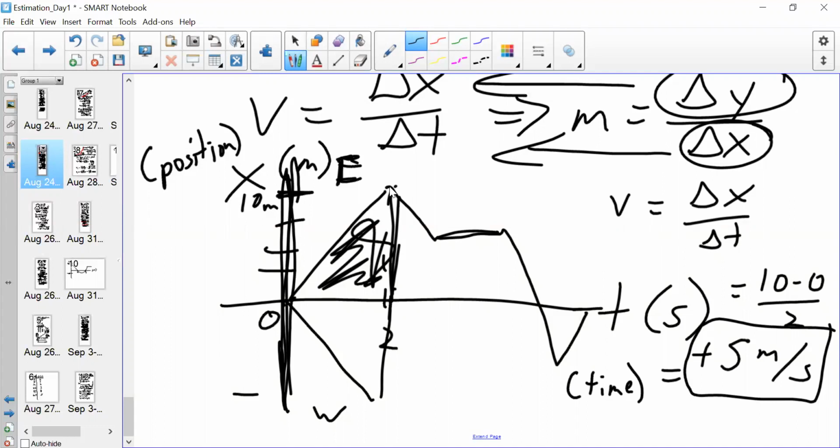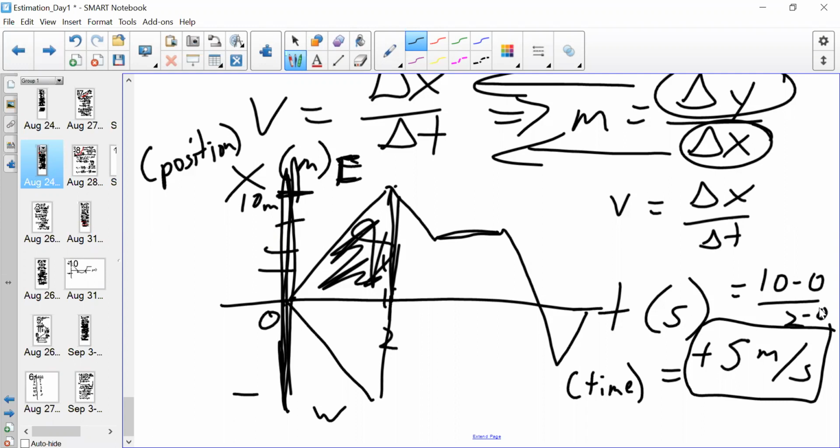Final position 10, initial 0, over 2 minus 0. Final position minus initial position, final time minus initial time. And I get plus 5 meters per second. That means that my car is traveling towards the east 5 meters every second, 5 meters per second.